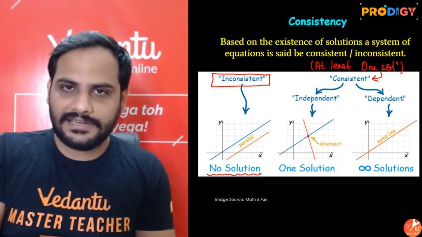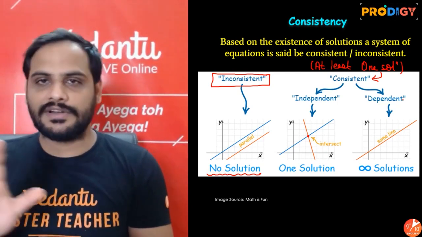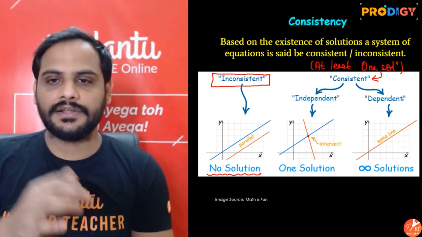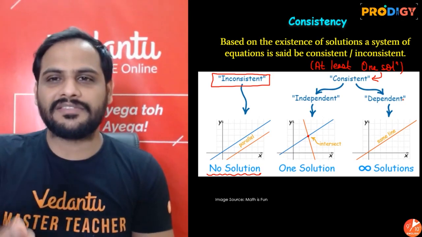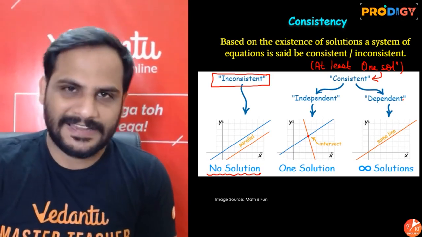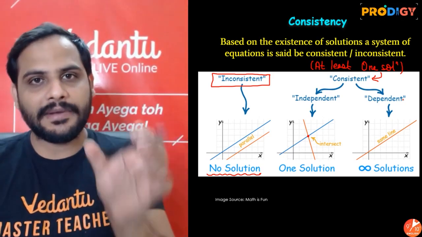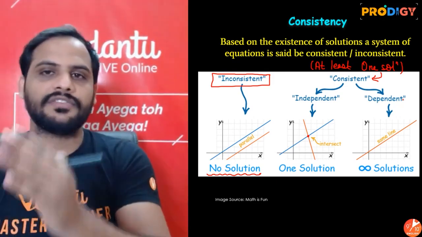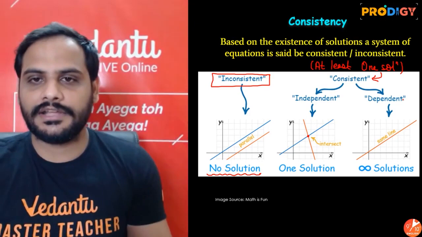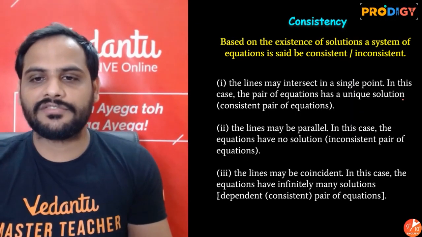Independent is the intersecting lines and dependent is the coincident lines. They sometimes ask such simple theoretical questions, or other names which you should remember. Intersecting is independent, and coincident is dependent. Alright, let's go to the next point.